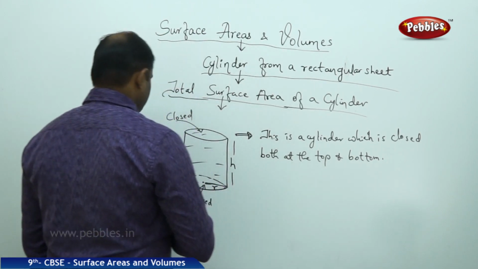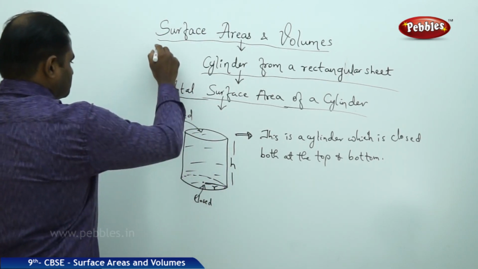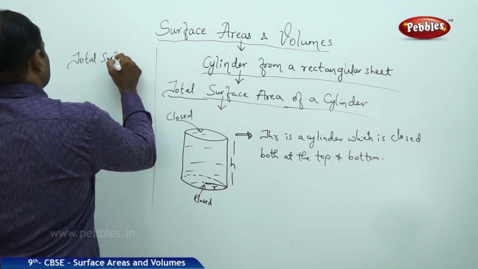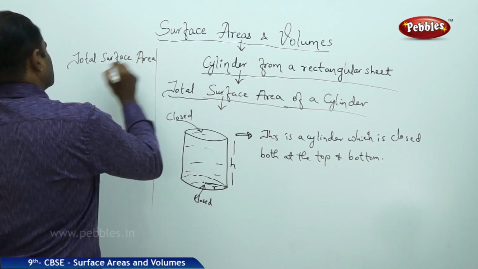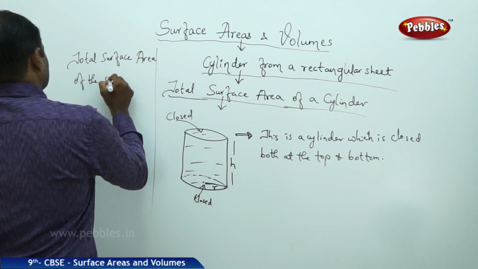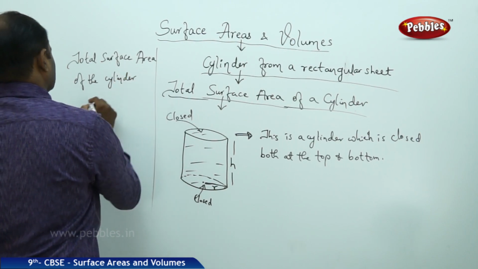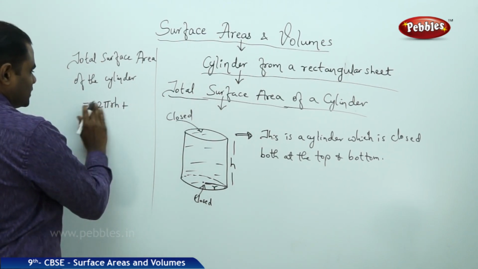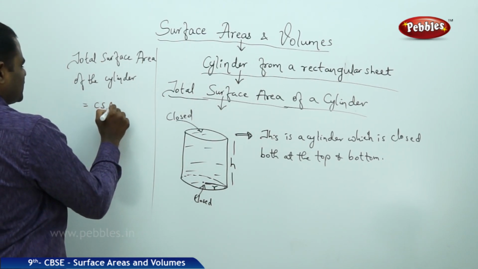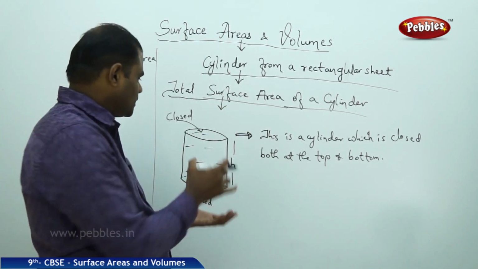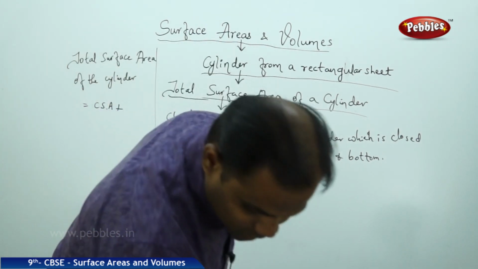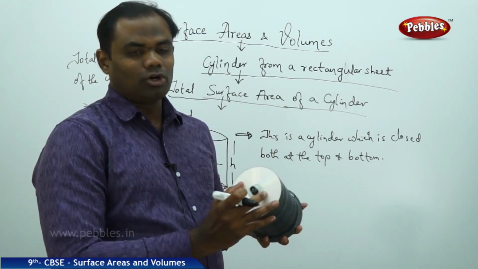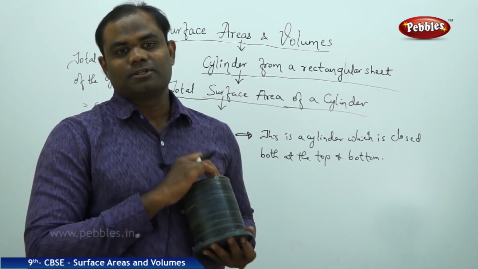So here we have the total surface area of the cylinder, which is 2 pi r h, because it is nothing but the curved surface area, which is the curved part, plus the top and the bottom. For example, I take this: the total surface area is the curved surface area plus the top surface and the bottom surface.